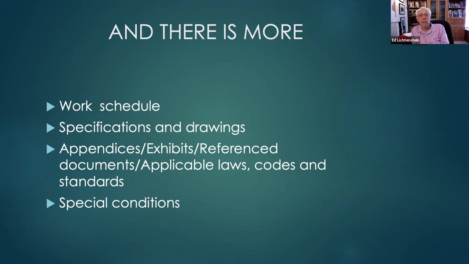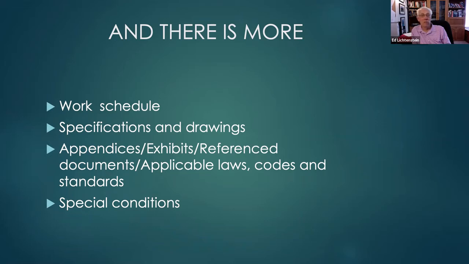A contract can have all kinds of appendices, exhibits, reference documents, or talk about what the applicable laws, codes, and standards are, but they may not be in the contract except by name.